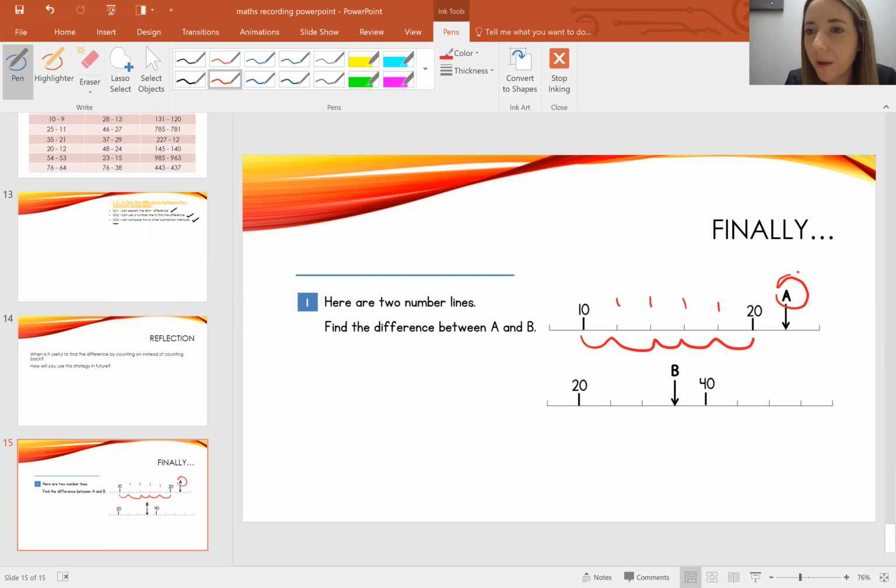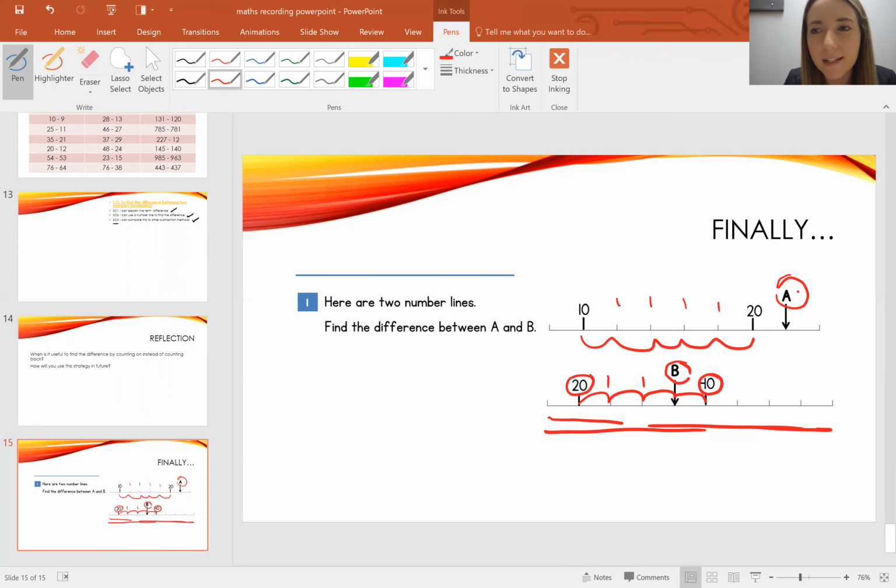Once you've worked out what number that is, you need to look at this number line separately and think, well, how many numbers are between 20 and 40? What are these jumps going up in? And once you've worked out what these numbers are, you can work out what B is, and you can find then the difference between A and B. So you need to think that through really carefully.